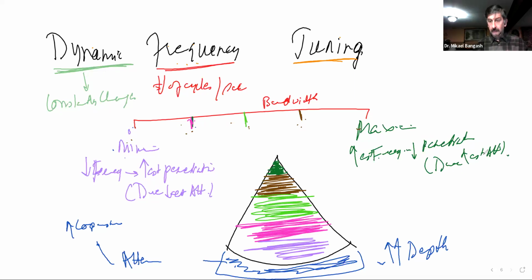Why? Due to greater attenuation. The one in the middle is our main frequency, or the resonant frequency. Lower frequency, deeper depths of image; higher frequency, shallower depths, and the highest, the shallowest depth.